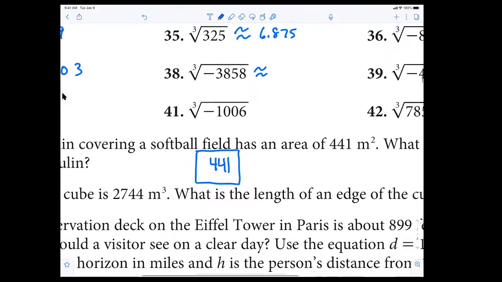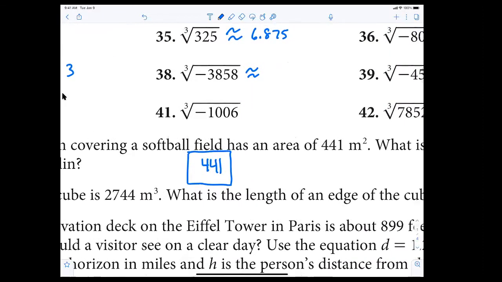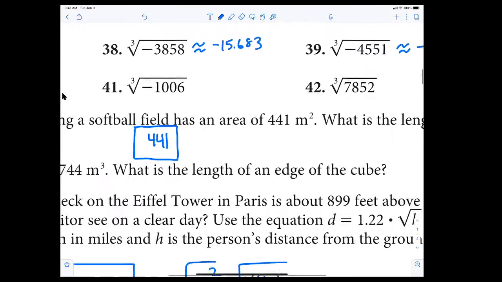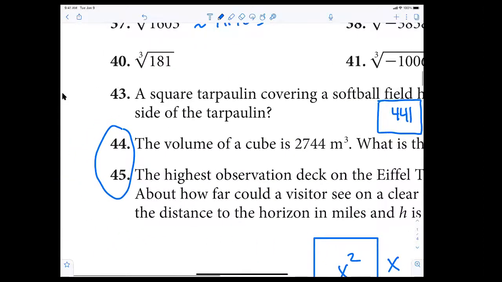Hold on. 38 is negative 15.683. And then Angelina. Negative 16.571. And then 40. 5.656.